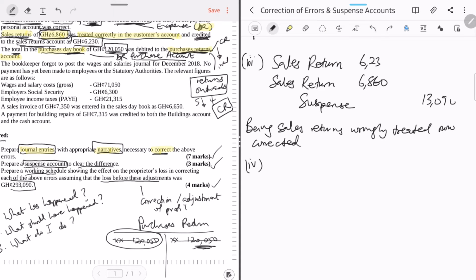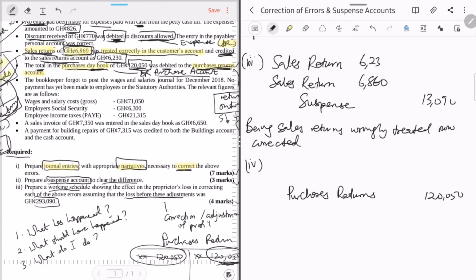On the credit side, I have my purchases returns account. What's the figure? 120,050. So I enter 120,050 on the credit side.